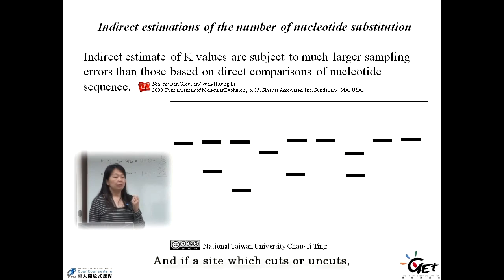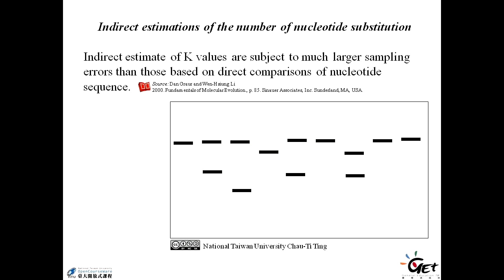And if a site is cut or uncut, so if we look at the sites between, for example, the last one. Okay, so that last one I drew is a little bit higher in the molecular weight. And we compare that to the third to the last.